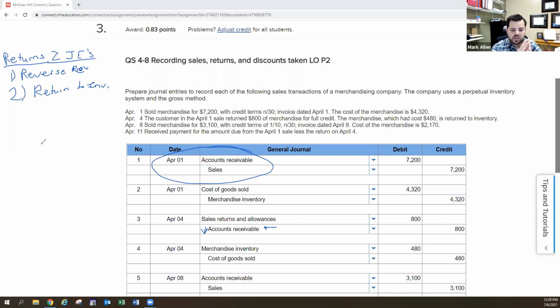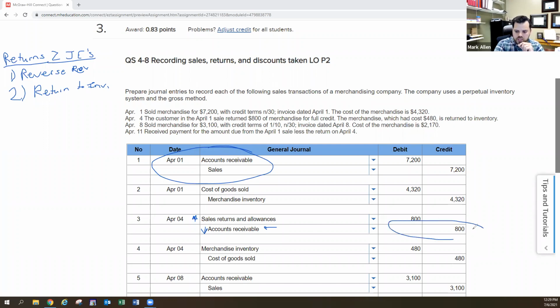We're trying to accomplish a very similar task here in chapter 4 by use of this contra revenue account, sales returns and allowances. And because this is a contra revenue account, and we know that revenues increase with a credit, I know that sales returns and allowances must increase with a debit. So here, that account balance is actually increasing.